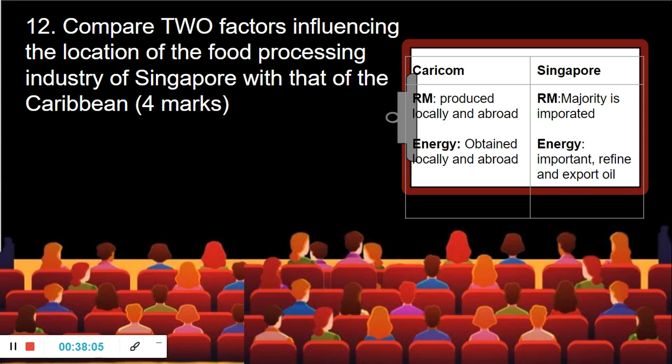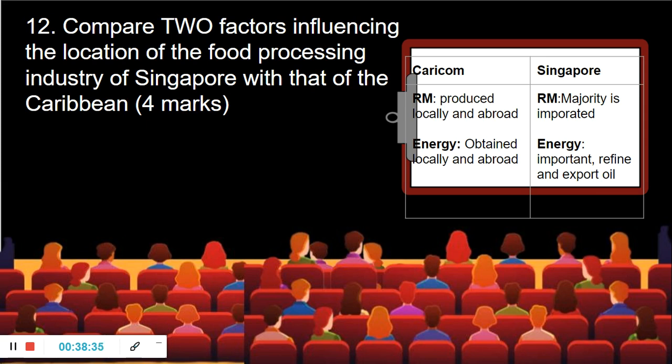And when it comes down to energy, which is another important factor, this is why I use these two factors. Not that the other factors are not important, but when we think about manufacturing industry, we're talking about conversion of raw materials. So it's important we talk about raw material. And then in order for the conversion to take place, the processing requires energy.